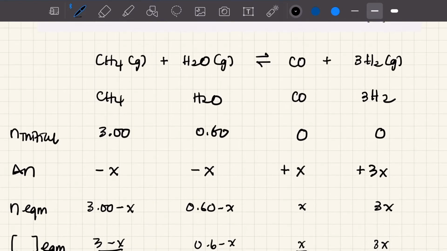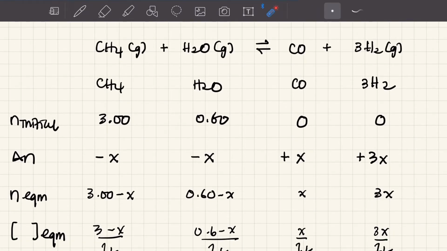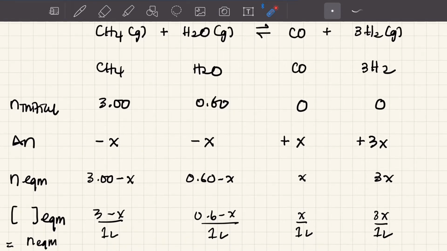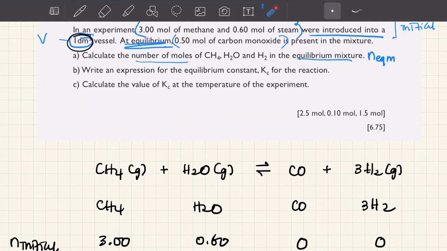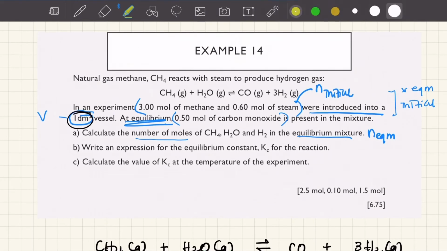Once you have this ICE table, you have all this information. You're going to use this information in order to find the number of moles of your methane, water, and hydrogen. But you only have this. What are you going to do? You are going to find out X. If you read your question again, it says that at equilibrium, 0.5 mole of carbon monoxide is present.